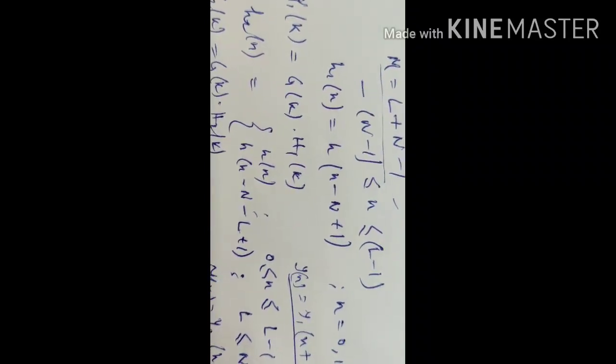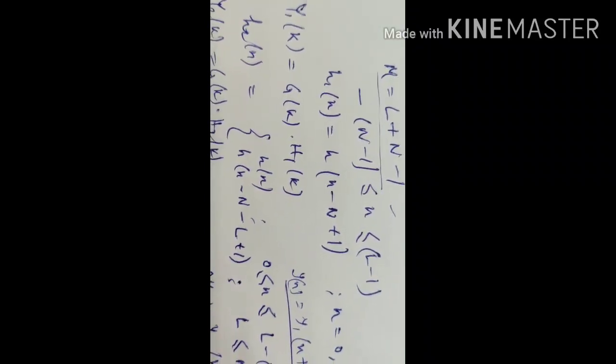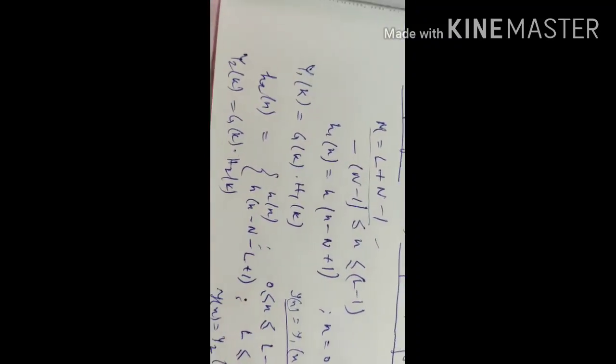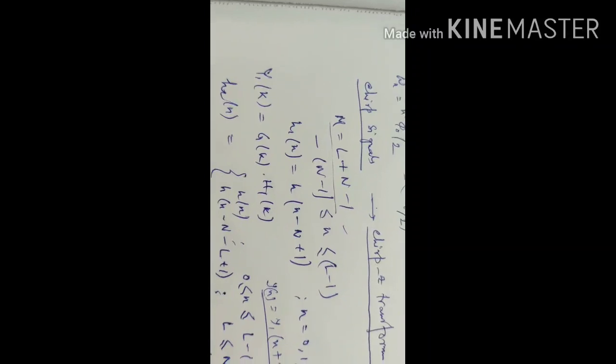Clearly, if L is small, direct computation is more efficient. However, if L is large, then the chirp Z transform algorithm is more efficient than the other.